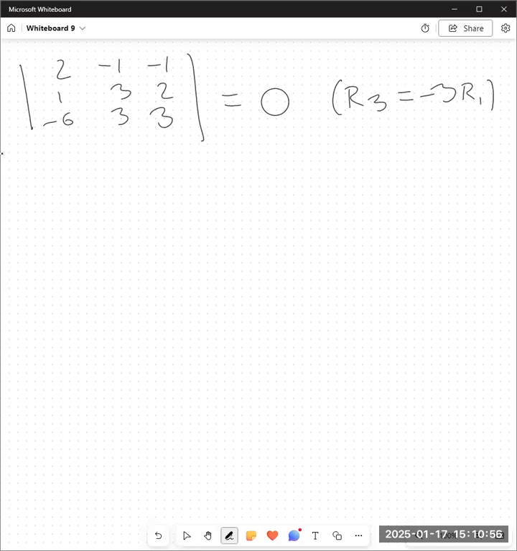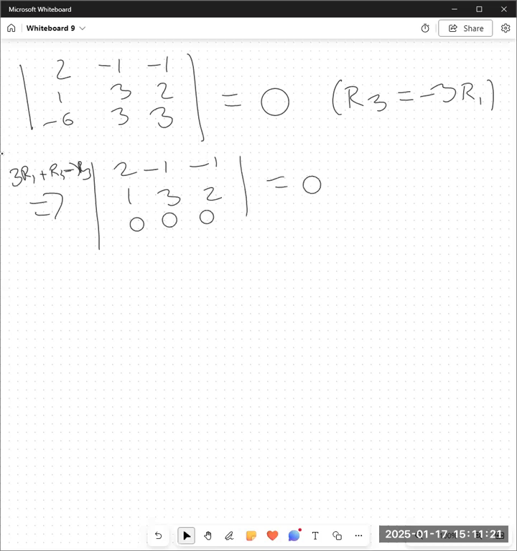So anytime that, and I'll work it out here, 3 row 1 plus row 3 to produce a new row 3 is 2, negative 1, negative 1, 1, 3, 2, and then I get a 0, 0, 0. And anytime that I have a row of zeros, that's going to be 0. So that was 27.